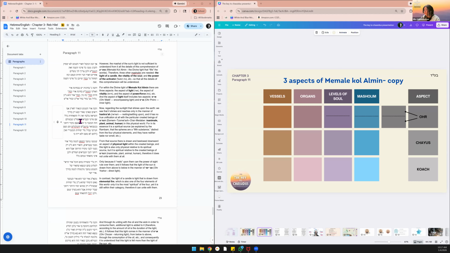And he does not really unite with the details of the creation of domem, tzomea, chaya, medaber, right? Which is inanimate, plant, animal, and human. It does not unite with it. Sheba Olam, that's in this world. The whole world, the way we know it, goes into these four categories of creation, right? And it's not.